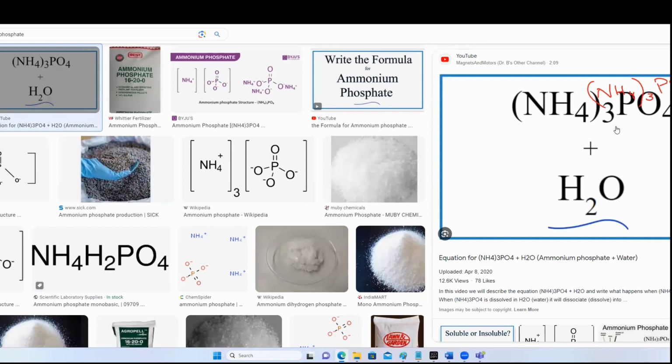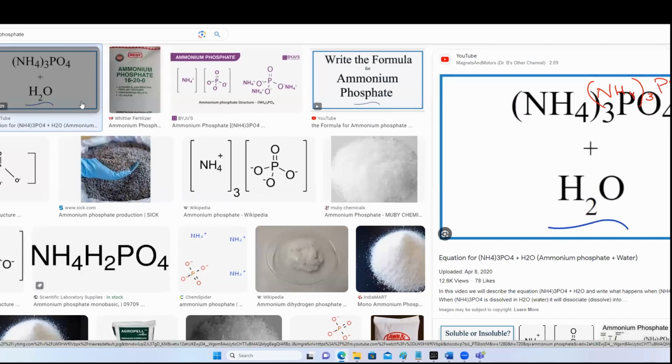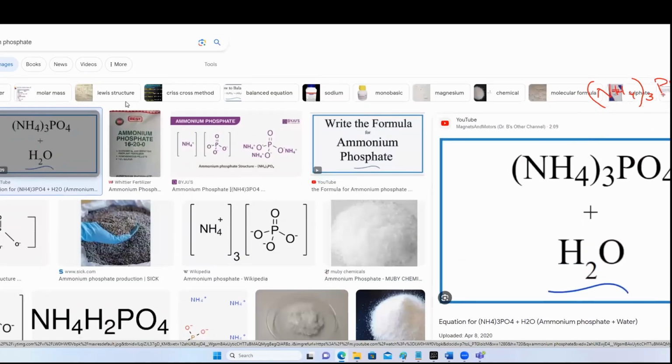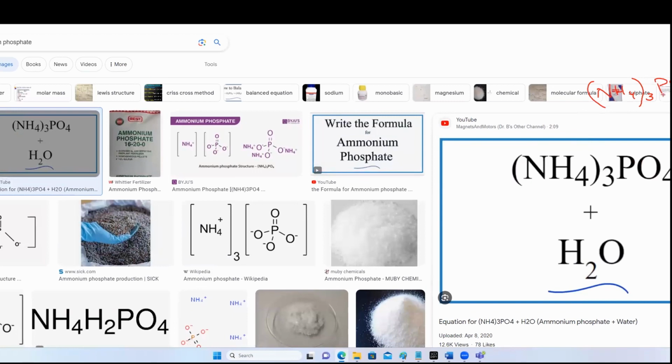Is it a salt? I'm not sure. For a salt, it should be one metal combined with a non-metal, no? I always thought so, so I think it will not be a salt.